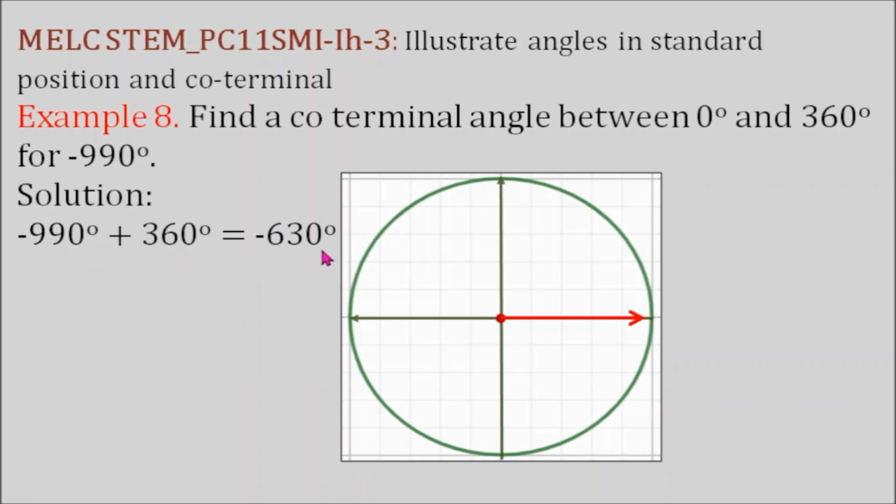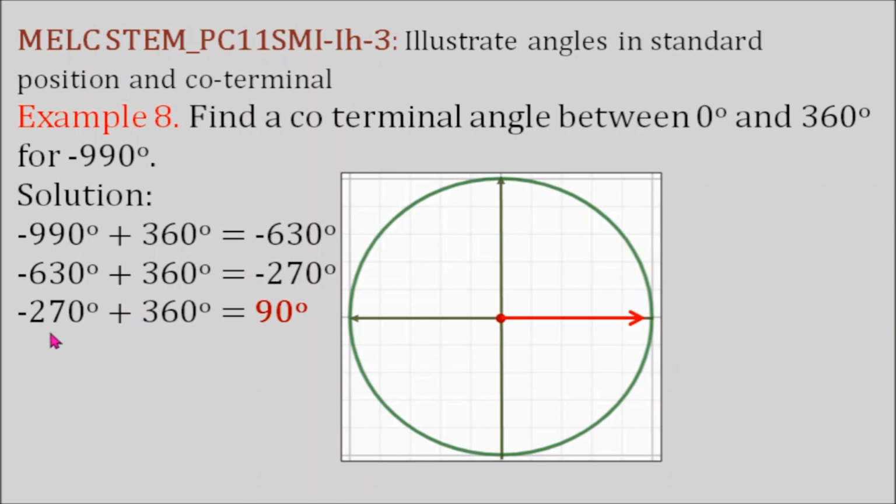It is still negative, so we add 360 degrees again: negative 630 degrees plus 360 degrees equals negative 270 degrees. It is still negative, so we add 360 degrees again: negative 270 degrees plus 360 degrees equals 90 degrees. So this is our answer.